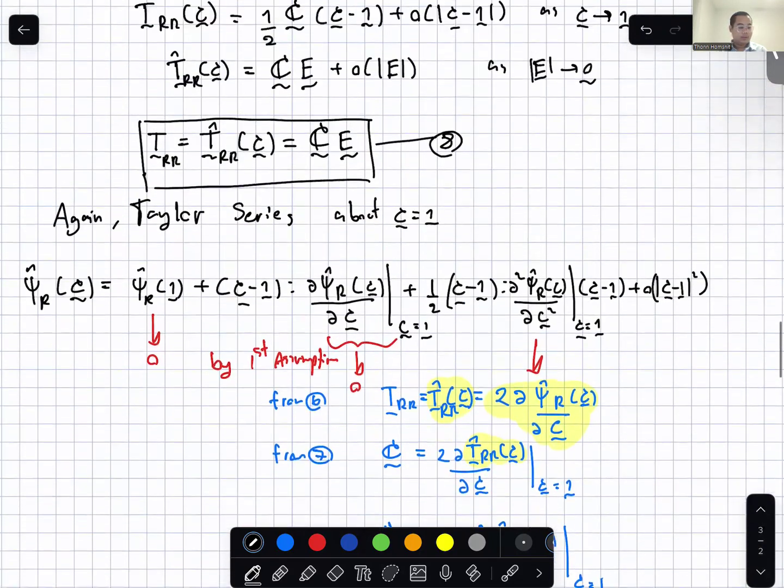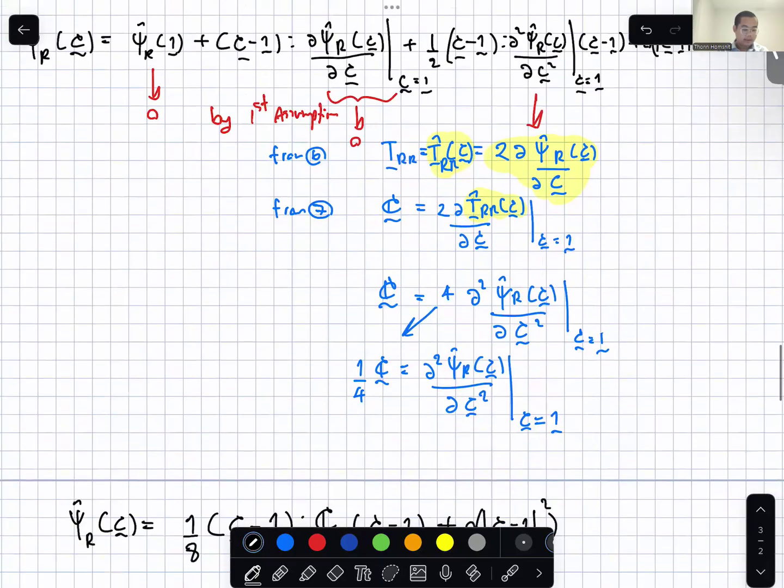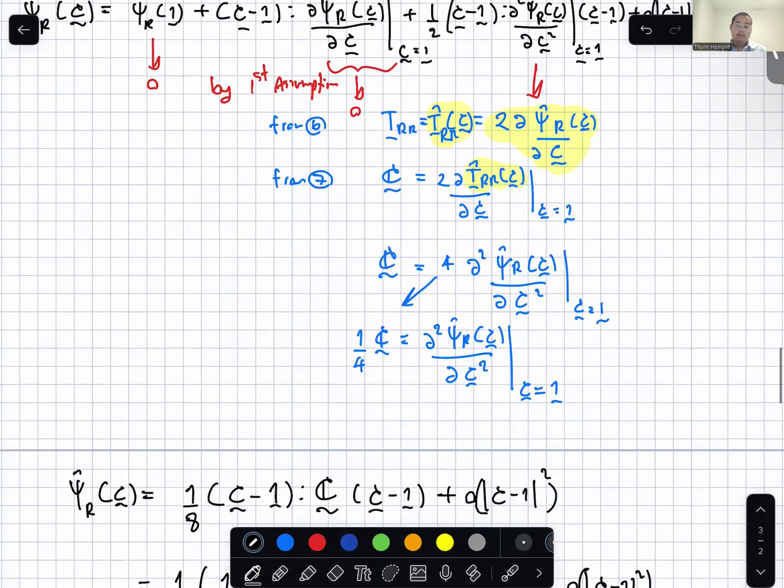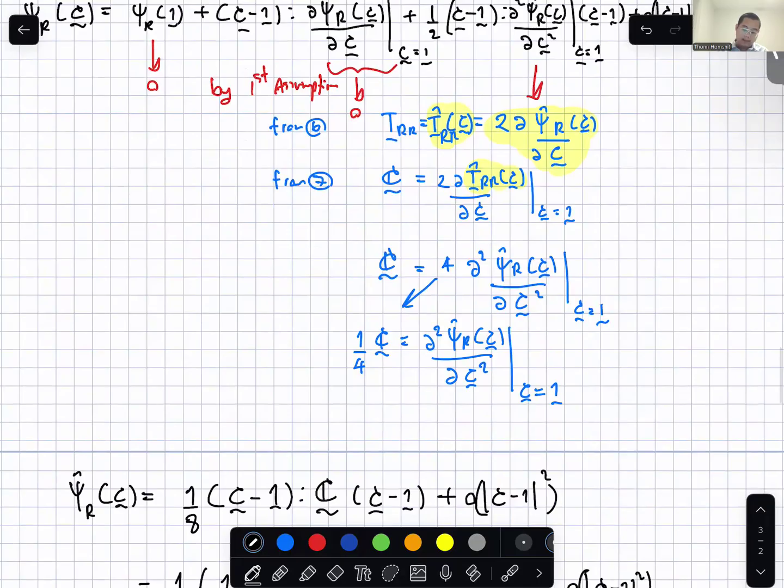Okay, so we got equation number 9 so far, and I would like to step back a little.